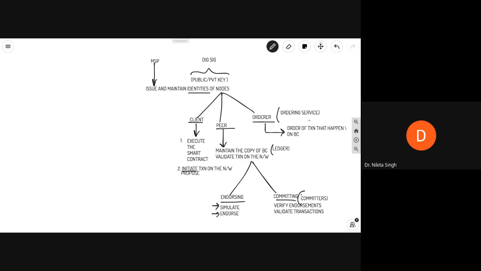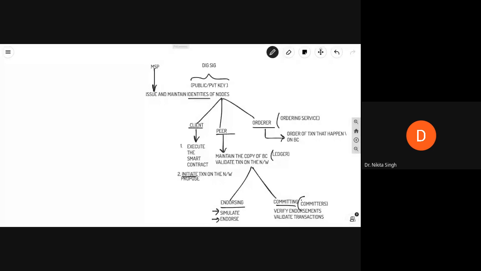The orderer accepts the endorsed transactions, orders the transactions, compiles them into a block, and delivers that block to the committing peers. So these are the three roles that the nodes can have in the Hyperledger Fabric network.